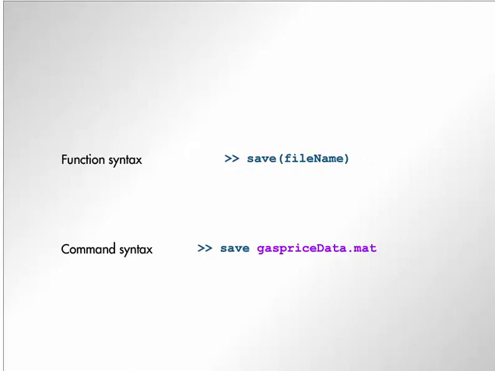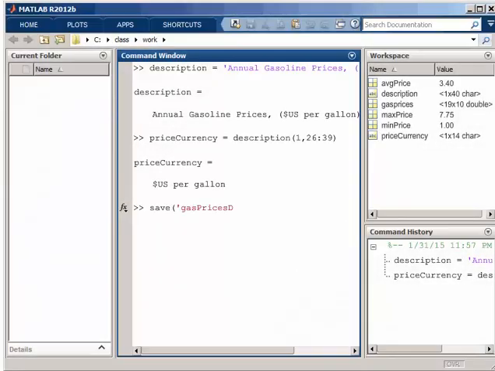When using the function syntax, the file name must be a string. The command save of 'gaspricesdata.mat' saves all the variables in the workspace to the file gaspricesdata.mat. Note that the file name is a string because it is enclosed in single quotation marks.